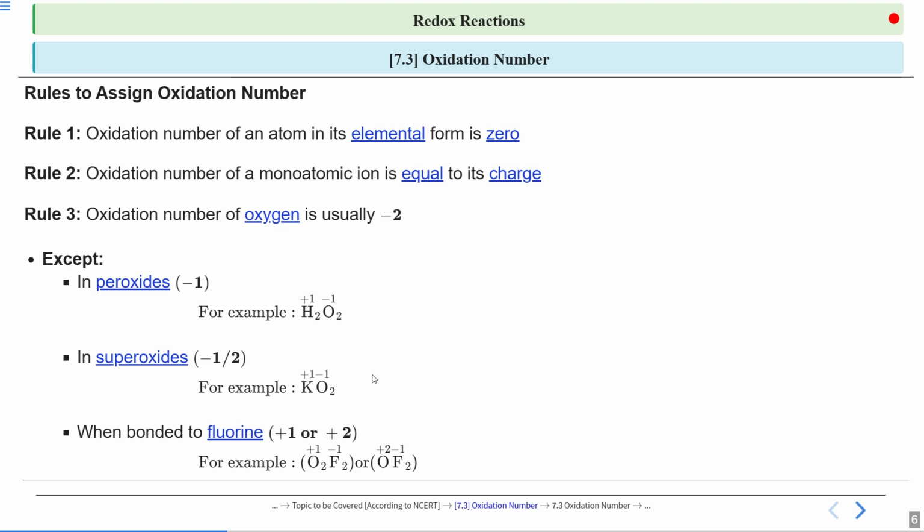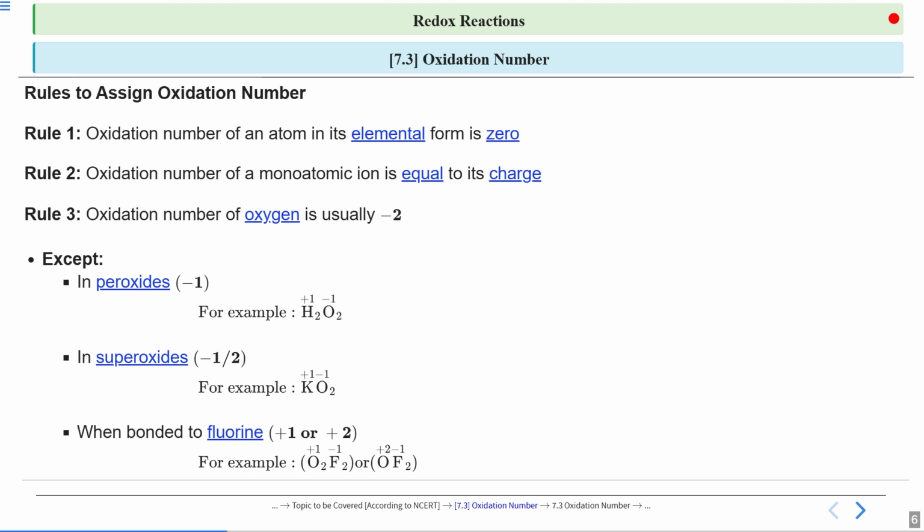Now if you look at the oxidation number of oxygen when it is bonded to fluorine, you will find that it will have an oxidation number of +1 or +2. How will you find that?